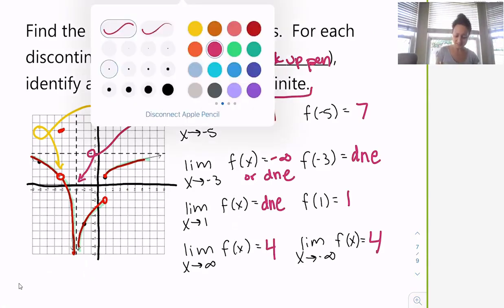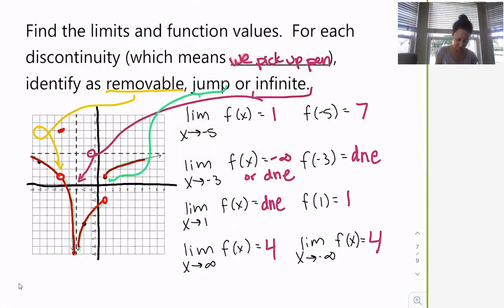And then your last discontinuity is a jump, and that is this piece here. You've got a break, your left and right hand limits both exist, but they're different from each other, so it creates this jump. Okay? We mathematicians are typically not super creative with our vocabulary. The nice thing is that typically what it sounds like is what we're describing.